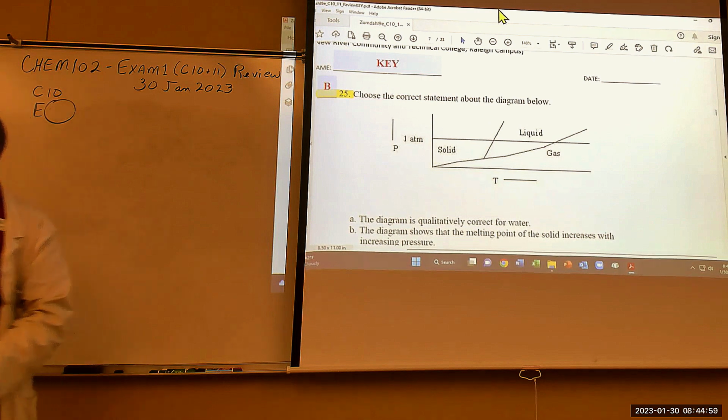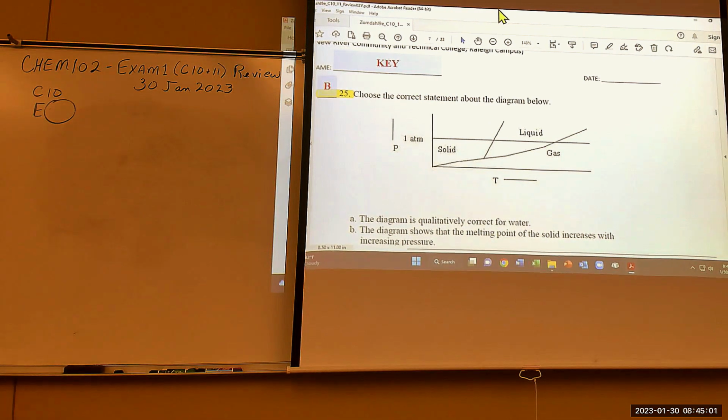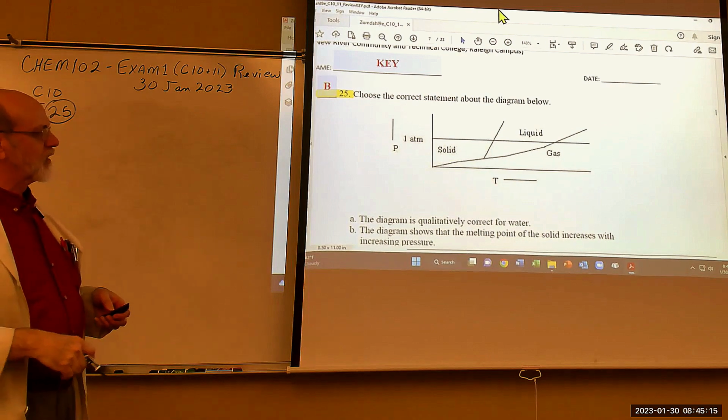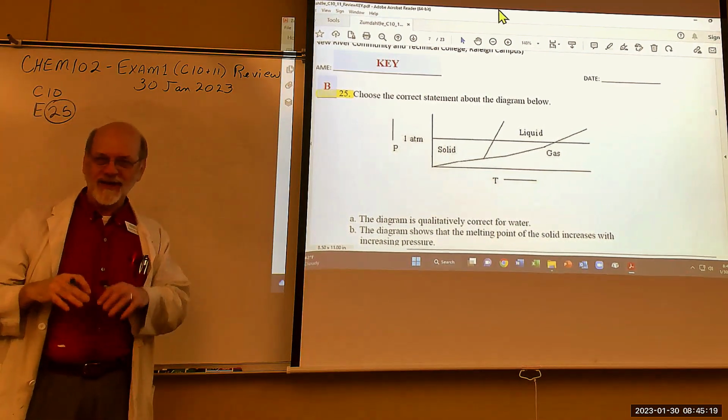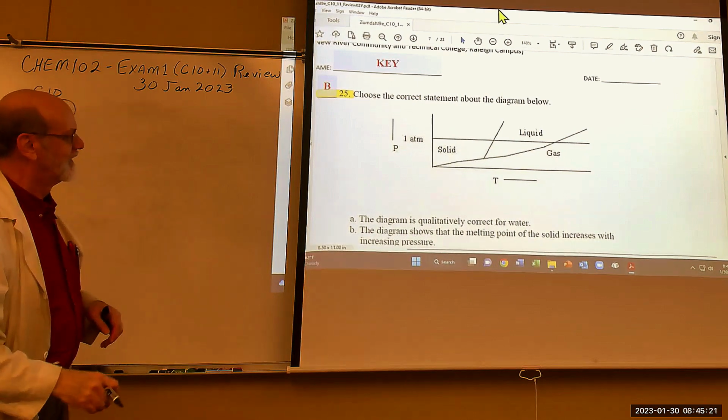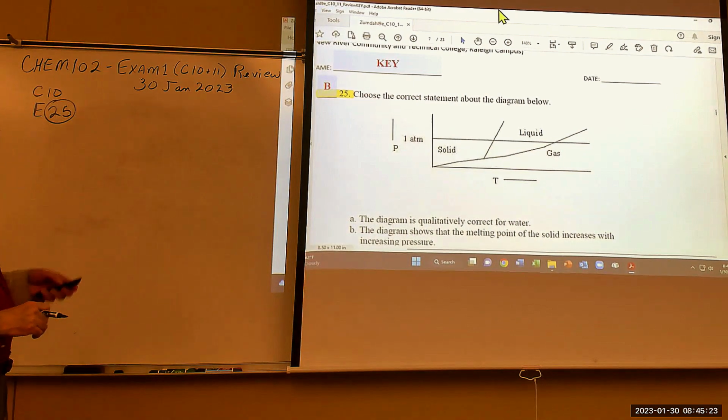I'm wasting time, weren't I? Let's see, we got a lab. Okay, I'm safe. 25. Choose the correct statement about the diagram below. What I meant was we have lab time available. We don't have a lab. So let me see.